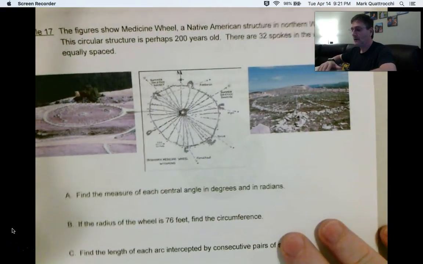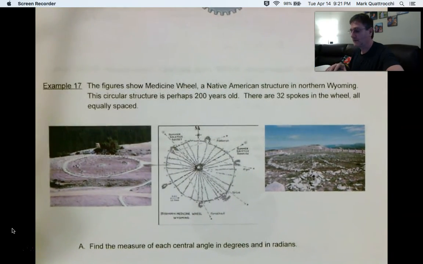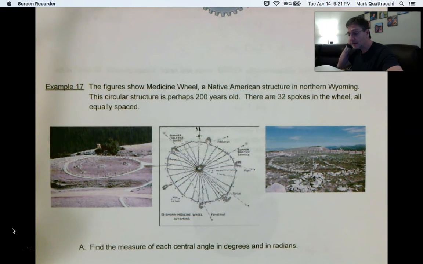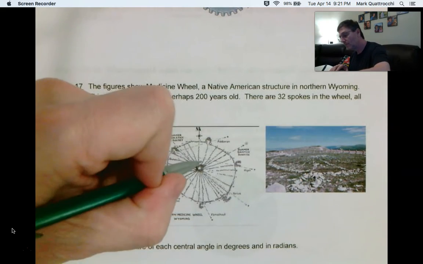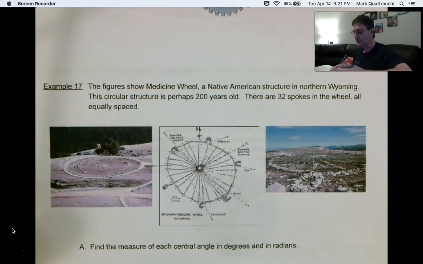Example 17. The figures show a medicine wheel, a Native American structure in northern Wyoming. This circular structure is perhaps about 200 years old. There are 32 spokes in the wheel, all equally spaced. So that means that we can find the measure of the central angle between each of these in degrees, and then we're going to convert it into radians.